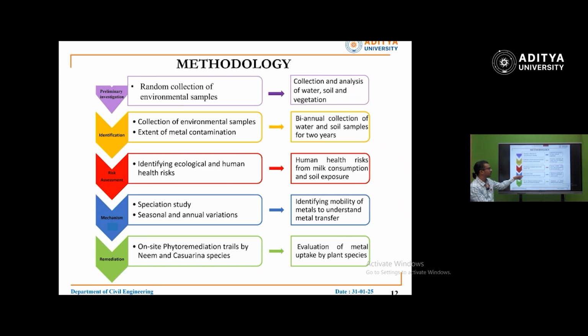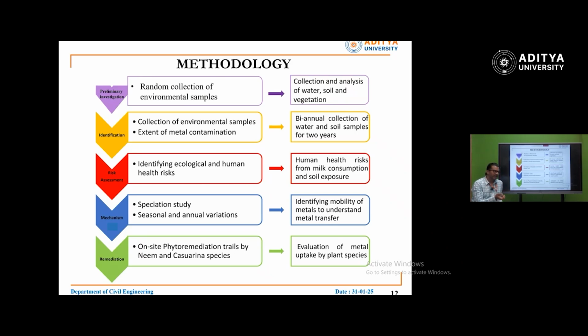Then the speciation study. I told you in the literature slide that we are going to discuss it later. Total concentration is nothing but the metal concentration you generally get. How do you identify the metal concentration, let us suppose in soil or in water? Generally people go for the digestion technique.